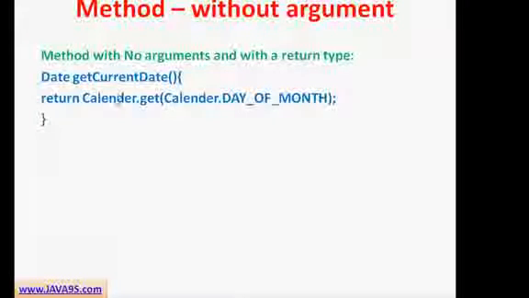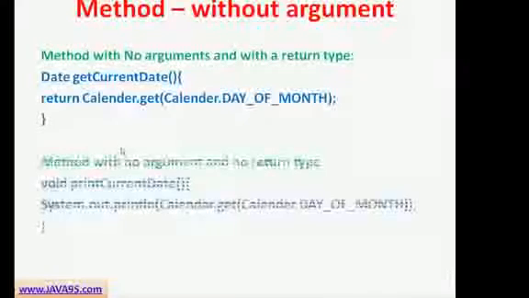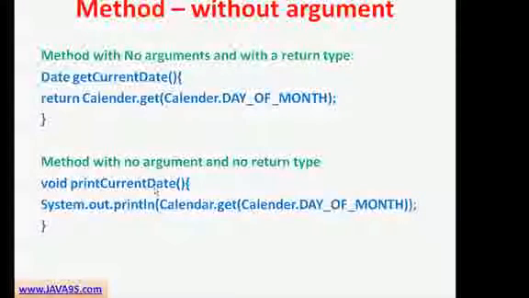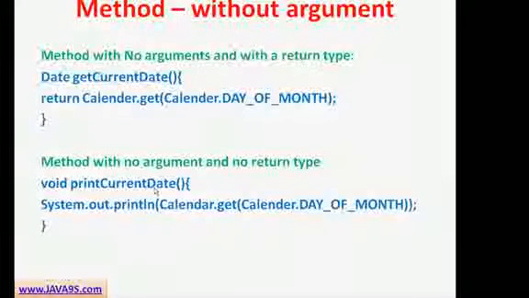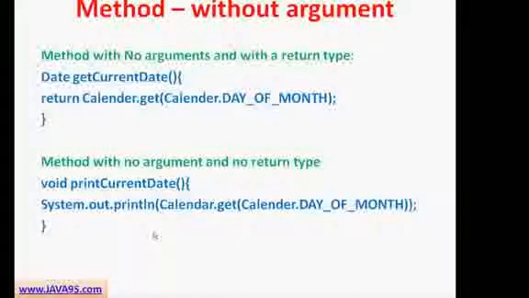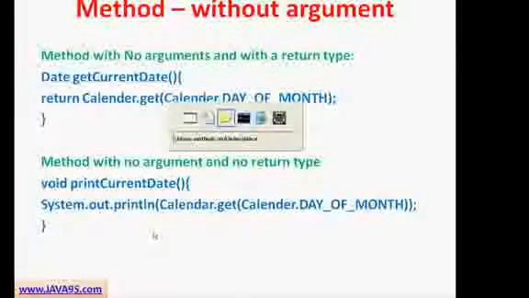So I'm getting the return as a date. Then comes print current date. I'm just telling it to print the date, and I'm not telling it to return something. So it'll just print. This is going to be a void type.